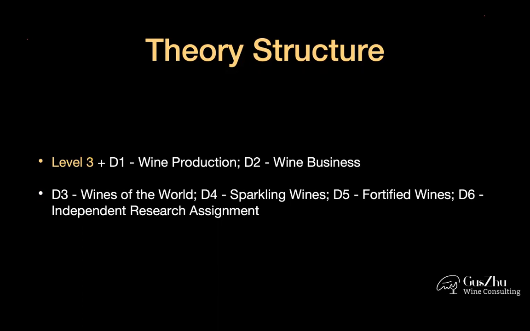You pass the exams of D1, wine production, and D2, wine business first. And then you apply those skills and knowledge you learned into the following units, D3, D4, D5, and D6.